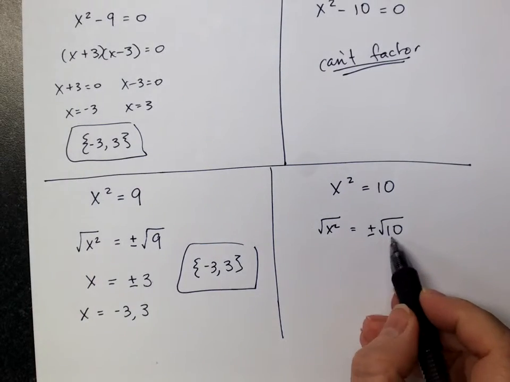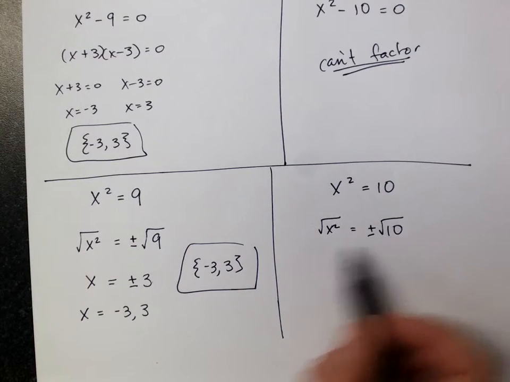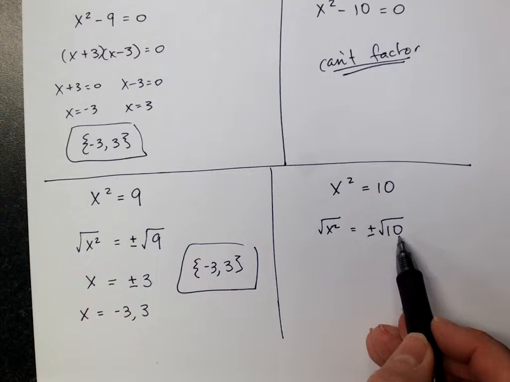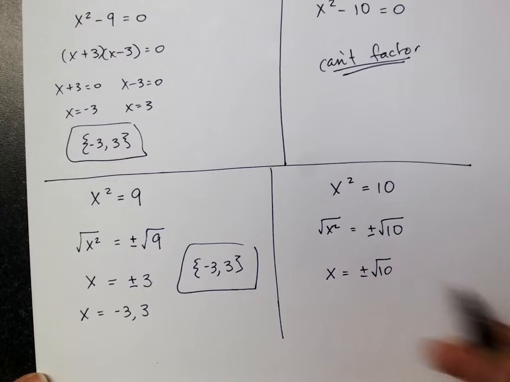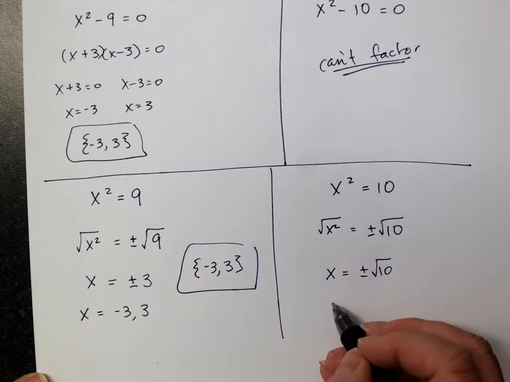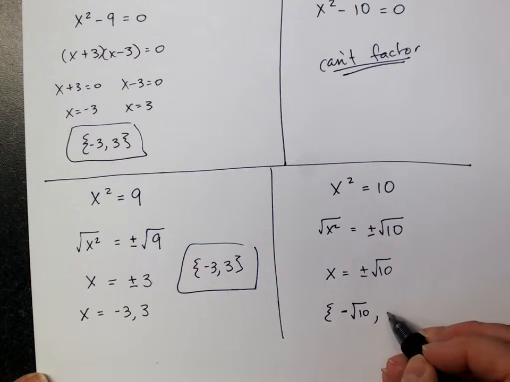So that's as simple as it gets, because it's not a perfect square, and it also doesn't have a perfect square factor. Good question. I meant to point that out, so I'm glad that came up. You want to simplify this radical as far as it can be simplified. Sometimes it's as far as it already is. This makes that an x, and this is plus or minus radical 10. Therefore, our solution is negative square root of 10, comma, positive square root of 10.